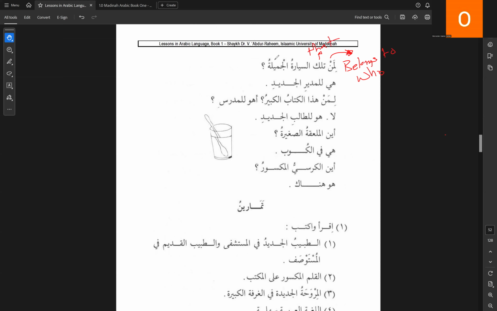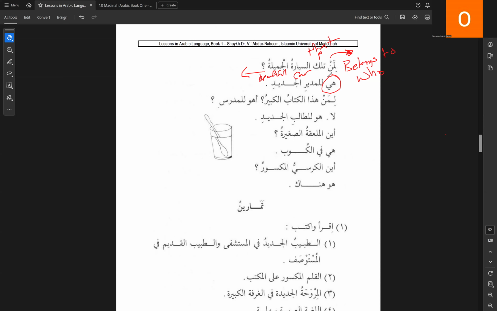Tilka is that, and as-sayyaratul jamila. As-sayyara means car, and jamila means beautiful. Who does that beautiful car belong to? Make sense? Hiya lil mudiril jadidi. What does hiya mean?